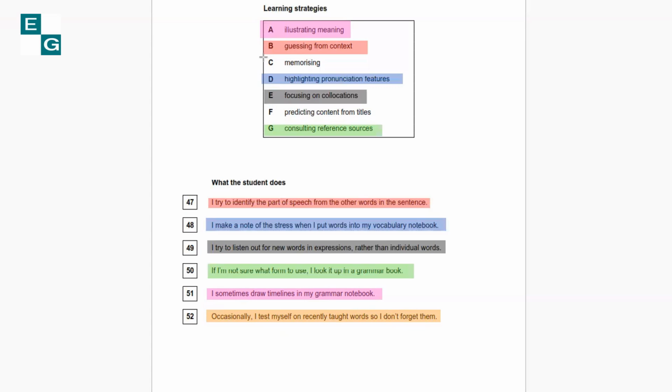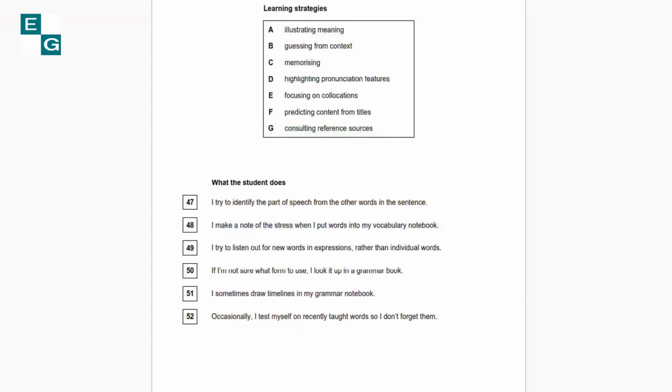The student is telling us how he or she memorizes these expressions. Because when you do that, you are going to try to see if you can remember these recently taught words. You don't want to forget them. So occasionally, you go on and test yourself.